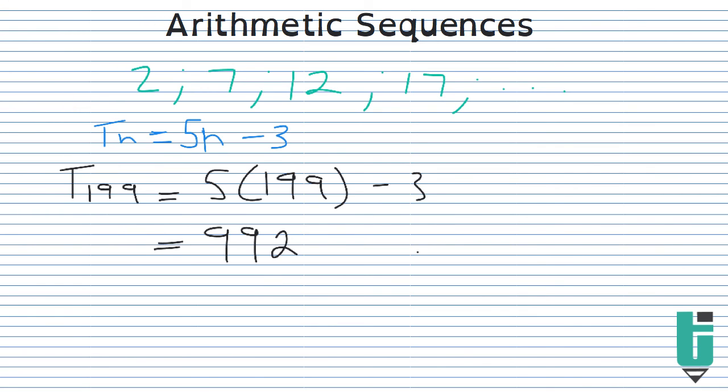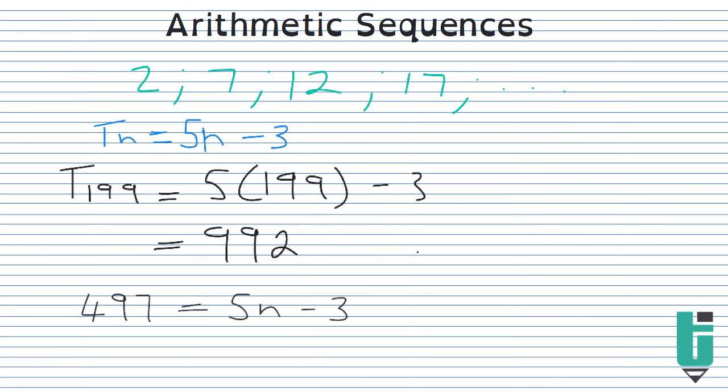Another question you might want to ask yourself, for example, is at what specific term will I find a value of, say, 497? So now you're looking for the value of n. So the value at that specific term is going to be 497, equals 5n minus 3.